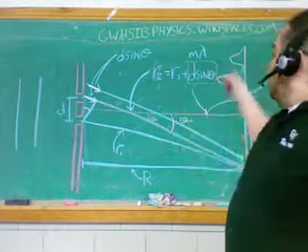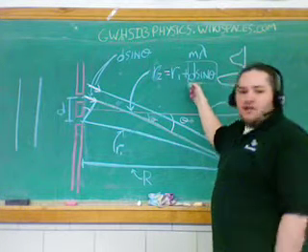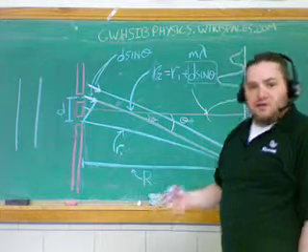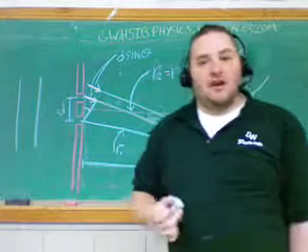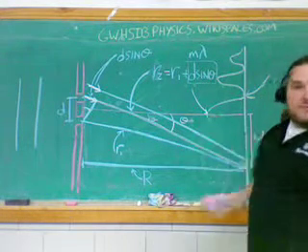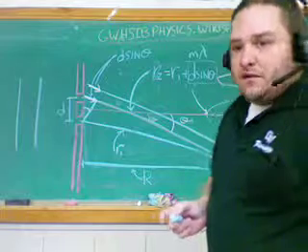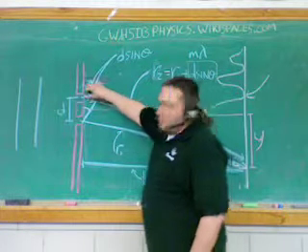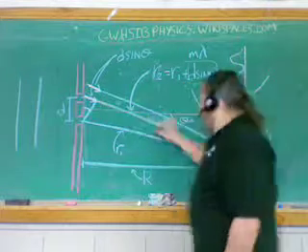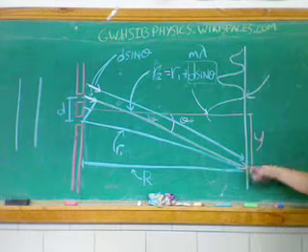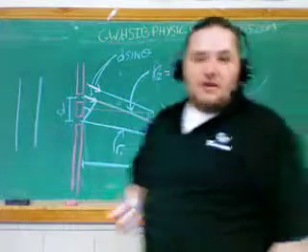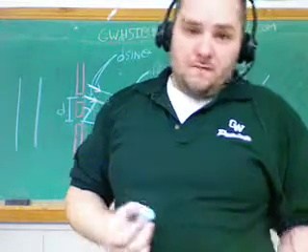Which means that this distance here has to be a full wavelength or 2 full wavelengths or 3 full wavelengths in order to get constructive interference, or even 0 full wavelengths if you want to talk about the center point. Okay? So if this distance right here is a wavelength, or 2 or 3 or 4, then when these two beams of light intersect at that screen, then I have constructive interference. Then I have a bright spot. Cool?